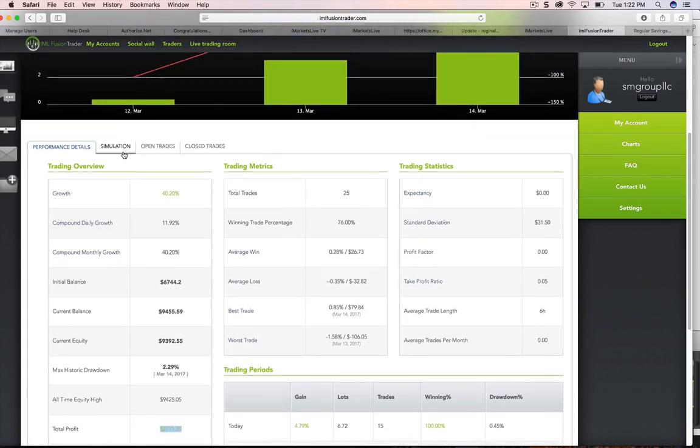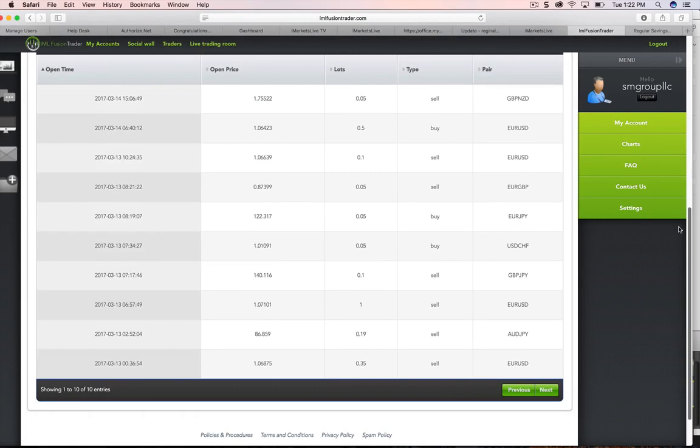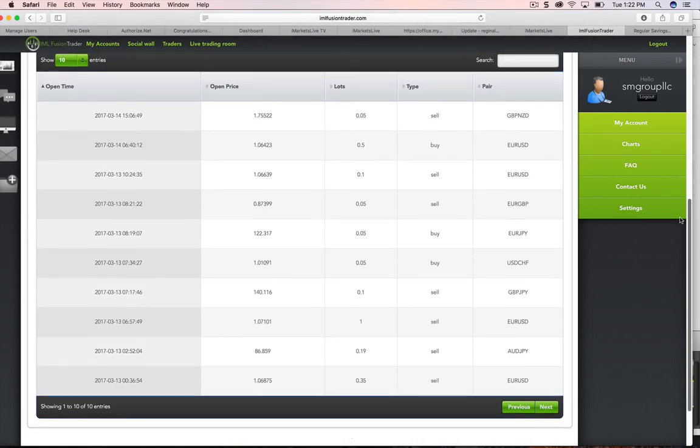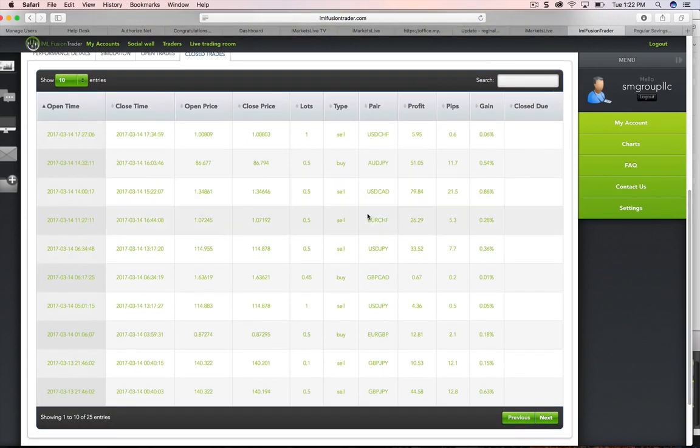Let me see open trades. Unless he opens some more trades that I missed. Let's look at the closed trades. You look here, $5 profit, $51 profit. Actually, you see all the profits here. All this green is profit, and you see the gains on each trade.